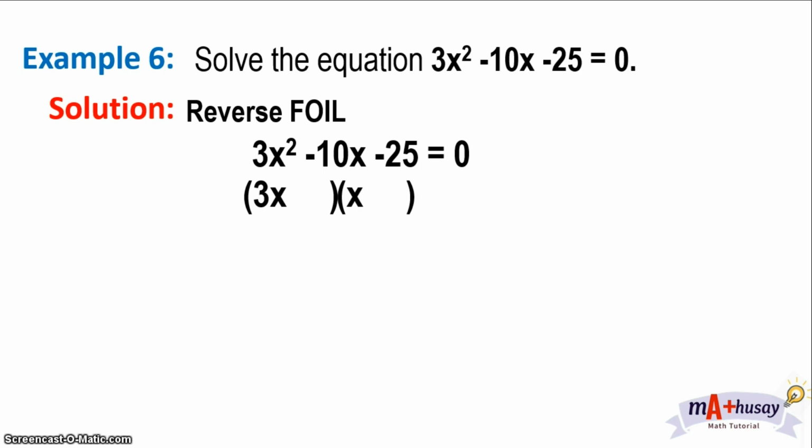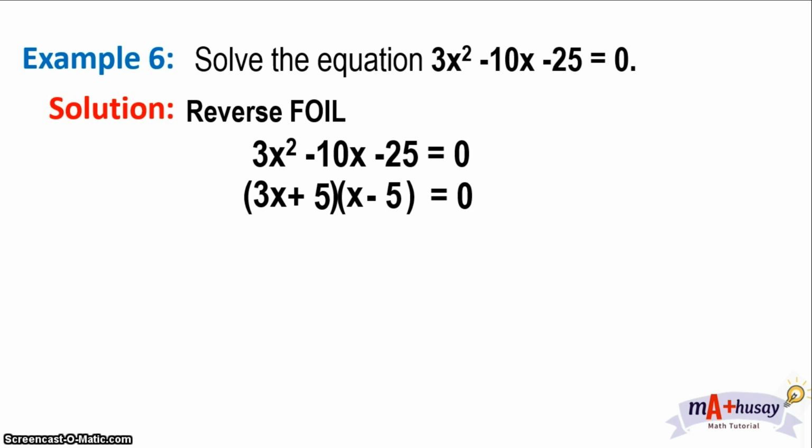1 and 25, 5 and 5. So, we will be using positive 5 and negative 5 in this case. Bakit? So, when you try to multiply negative 5 by positive 5, alam natin na negative 25 na.